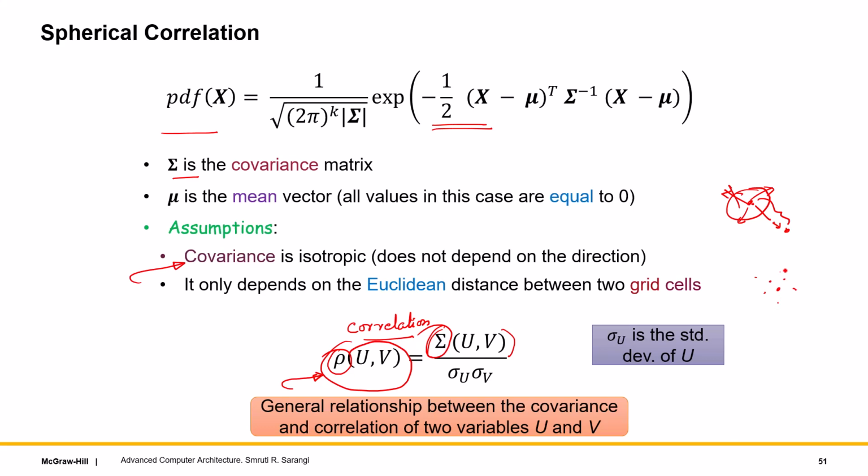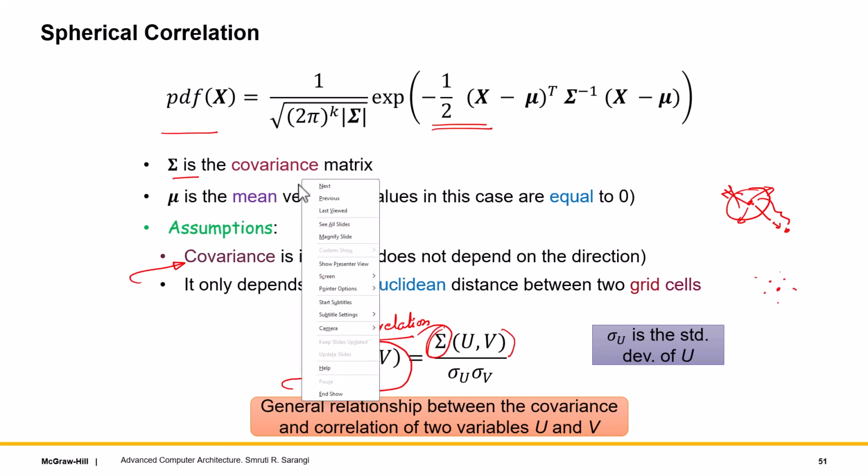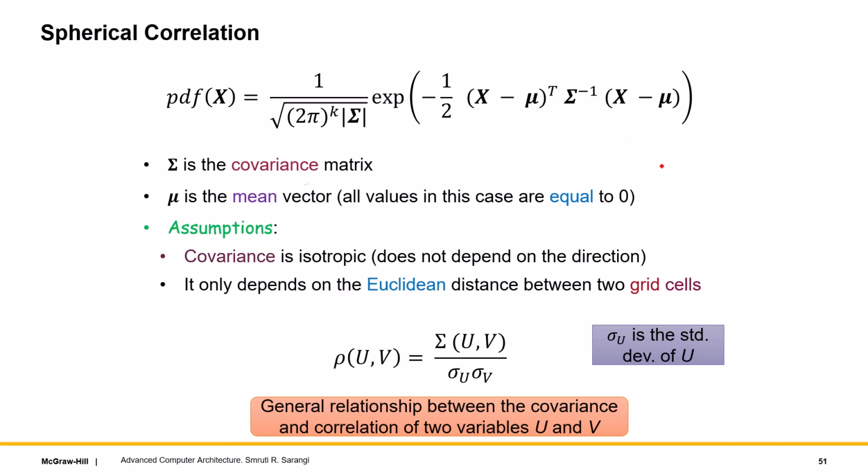Before I proceed to the next slide, which is slide number 52, I would not blame you if you don't understand anything of what I just said, because this requires some background in statistics. Let me tell you what you need to understand in the last 1 or 2 slides, and definitely the next 5 or 10 additional slides. This part is mathematically slightly heavy, and I won't blame you if you are not able to understand.